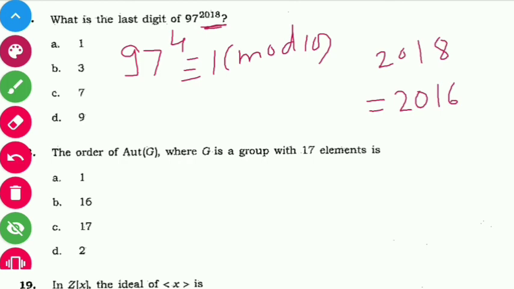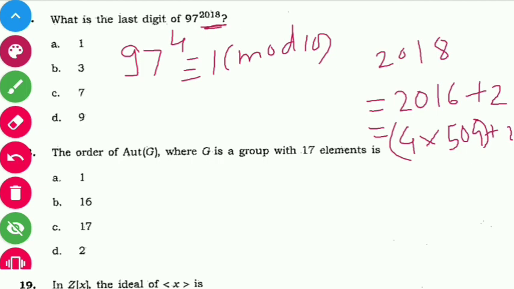Now 2016 is a multiple of 4, right? Plus 2, right? So 16 plus 2 is 2018. Now we can write this 2016 as 4 into 504, right? And this plus 2 as it is, right?